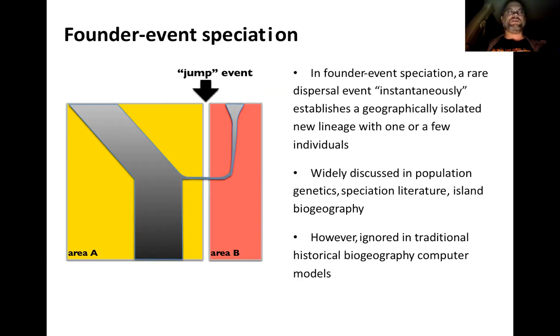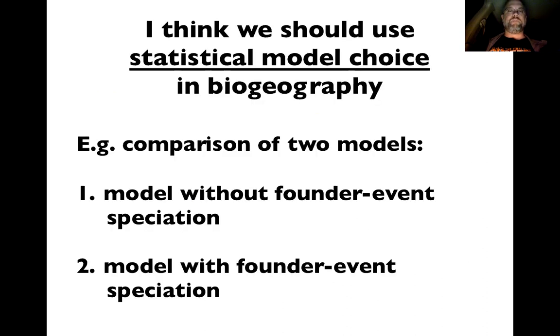We don't have to postulate any special mechanisms like punctuated equilibrium or anything. All we need is this idea that occasionally you have long distance allopatric speciation at whatever scale that you're looking at. Basically barriers are crossed and a new population is founded. Is that process important? Should it be included in our computer models of biogeography? That's the fundamental question that we're thinking about here.